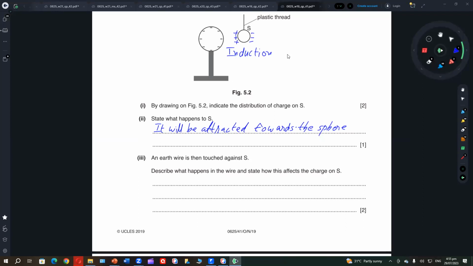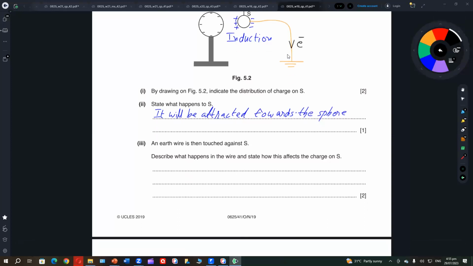An earth wire is then touched against S. What happens in the wire, and how does this affect the charge on S? Earthing is a process. Look, I'm going to earth it. This is the earth wire. Earthing is a process in which you connect something to the ground. When you do that, electrons will go from the sphere to the earth. I have shown it on the diagram.